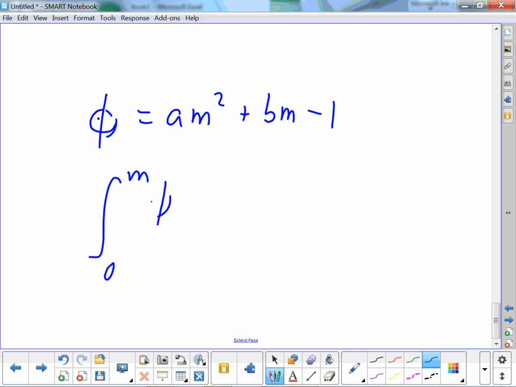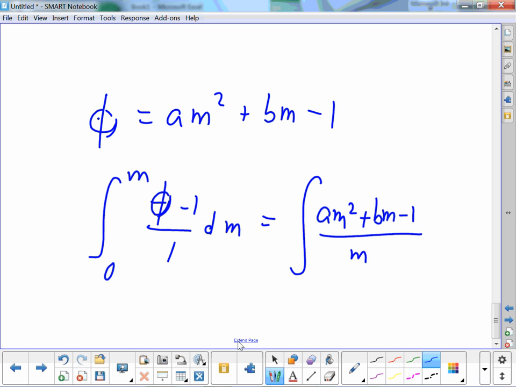Phi minus 1 over 1 dm. What's the integral of am squared plus bm minus 1 over m plus 1? So that's your phi, right? That's your phi minus 1 dm.